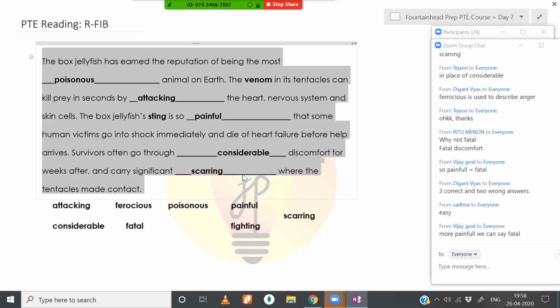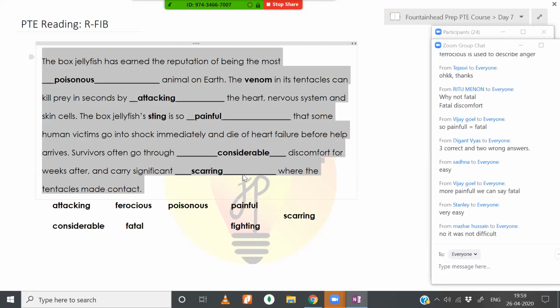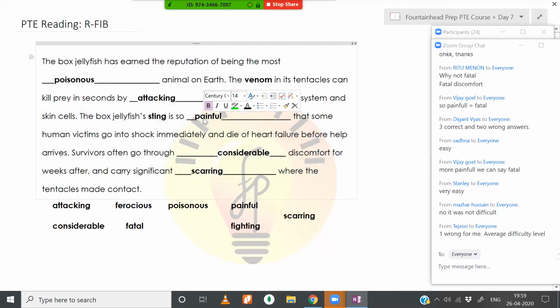None of these words are advanced vocabulary, but many of you got it wrong, at least two out of the five. This is a blank that a lot of people make mistakes on.